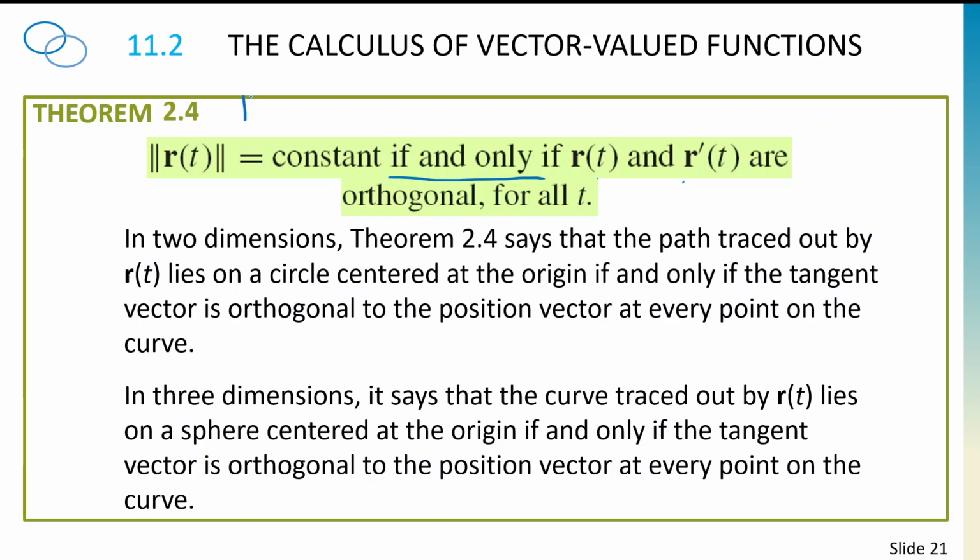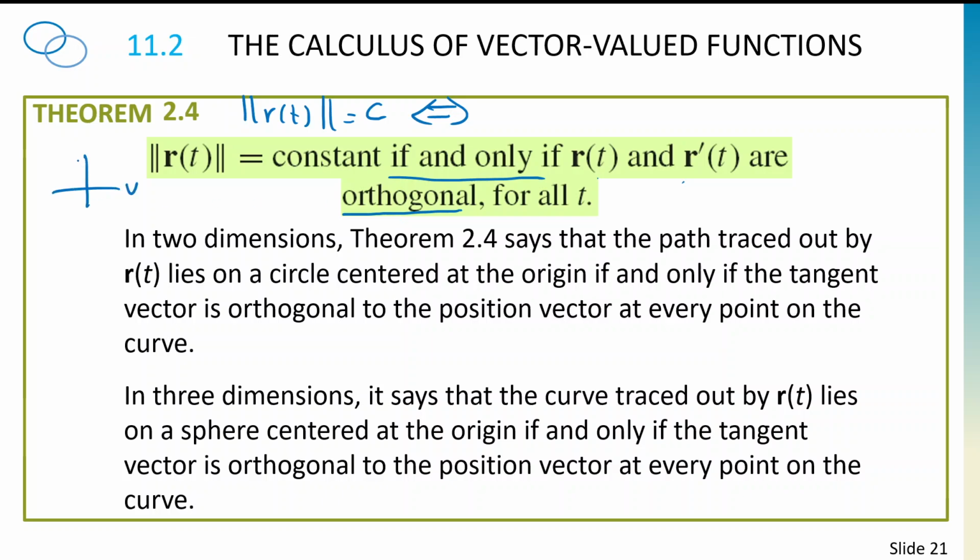It says the magnitude of r of t equals a constant if and only if, remember we use the double arrows, r and r prime are orthogonal to each other. Remember, in terms of vectors, when do we say that two vectors are orthogonal to each other?